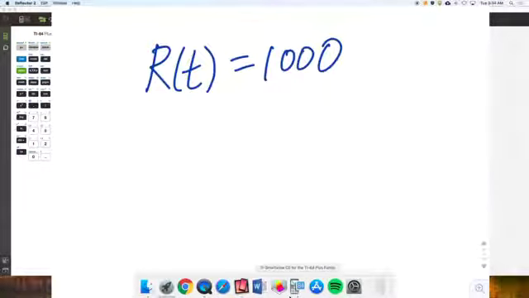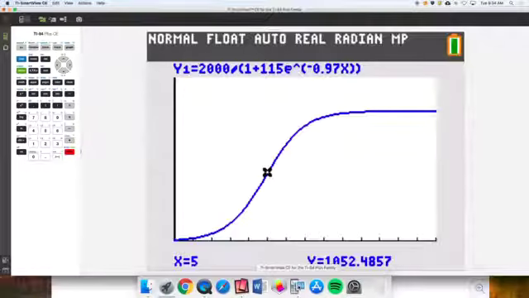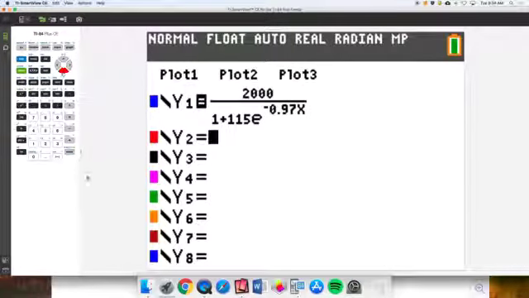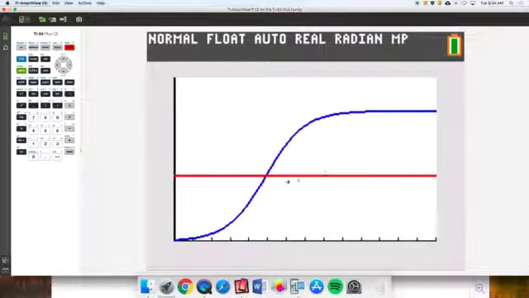Okay? Now the way that you're going to solve this is graphically. You're going to go back to your calculator and into y2, you're going to graph, guess what? R of t. And the solution should be where the two graphs do what? Intersect. Boom, right there. I can see that that's the what point?